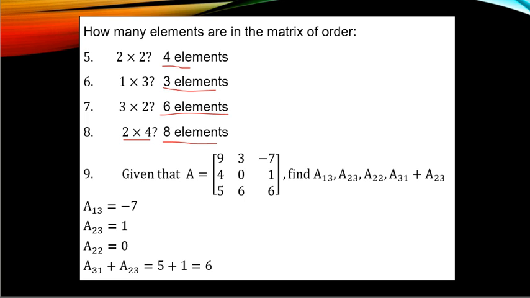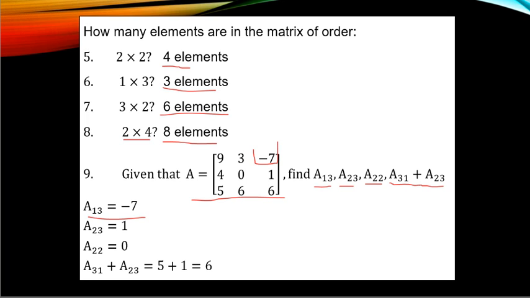Then number 9, given that matrix A is this, find A1 3, A2 3, A2 2, A3 1 plus A2 3. So A1 3 means the element in first row, third column, that is 7.